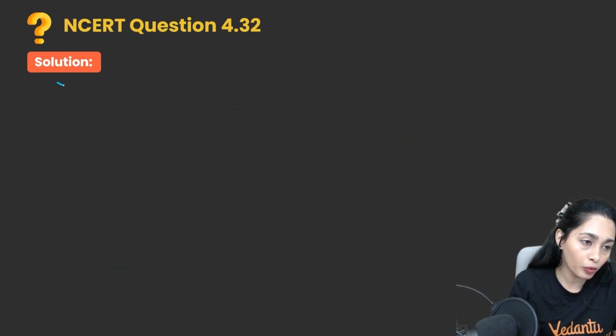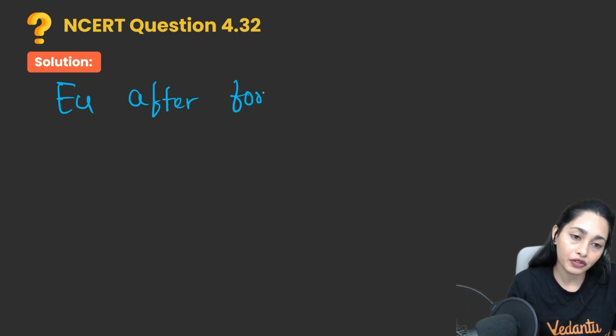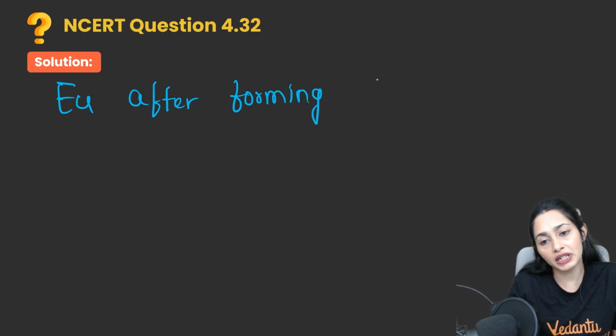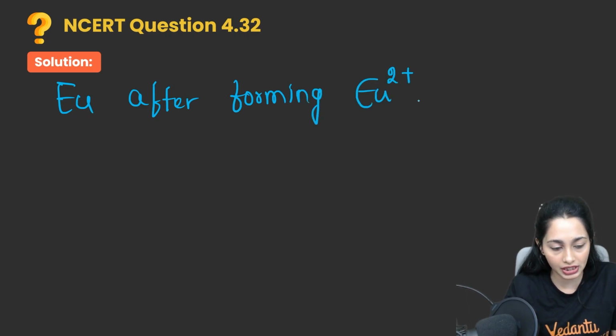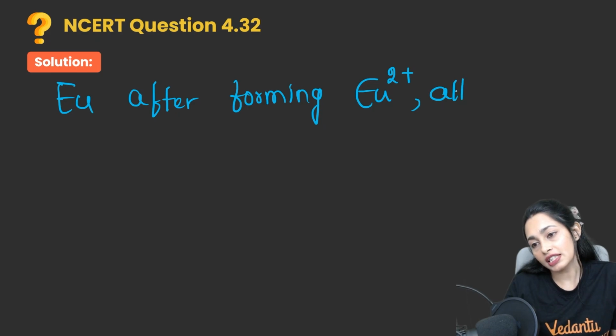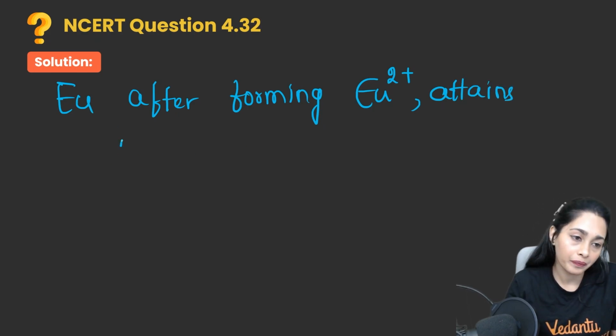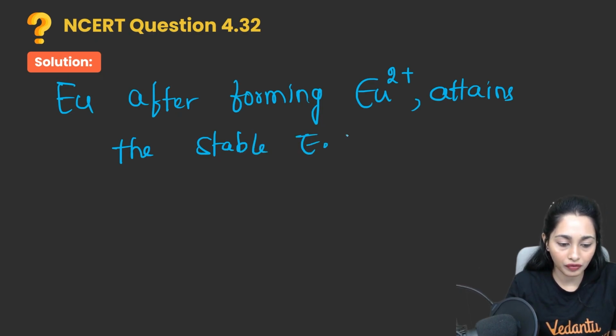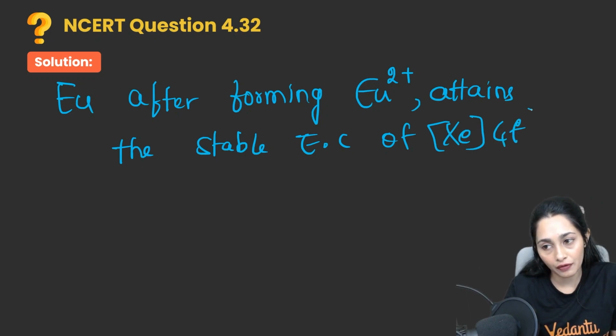Next, europium, Eu, after forming Eu2+, attains the stable electronic configuration of xenon 4f7, again half filled.